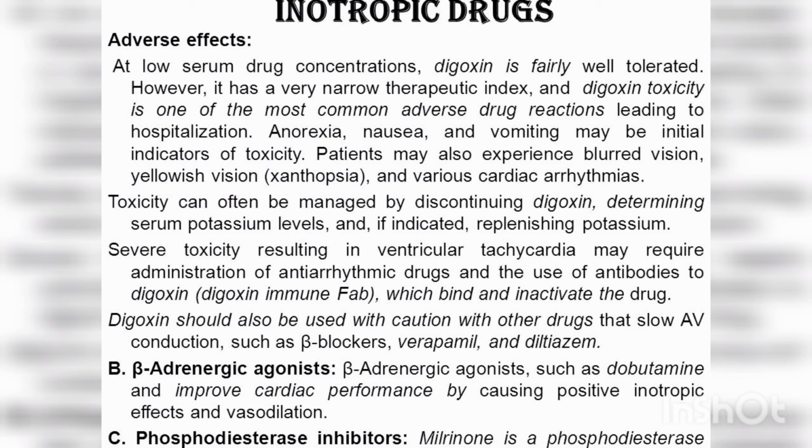Patient may also experience blurred vision, yellowish vision, xanthopsia and various cardiac arrhythmias. Toxicity can often be managed by discontinuing digoxin. Severe toxicity resulting in ventricular tachycardia may require administration of antiarrhythmic drugs and the use of antibodies to digoxin, digoxin immune Fab, which bind and inactivate the drug.